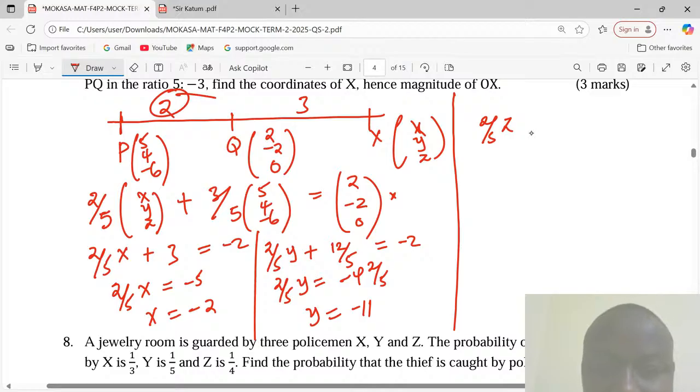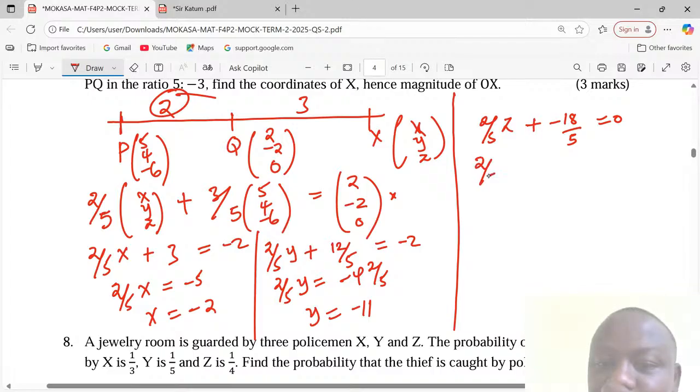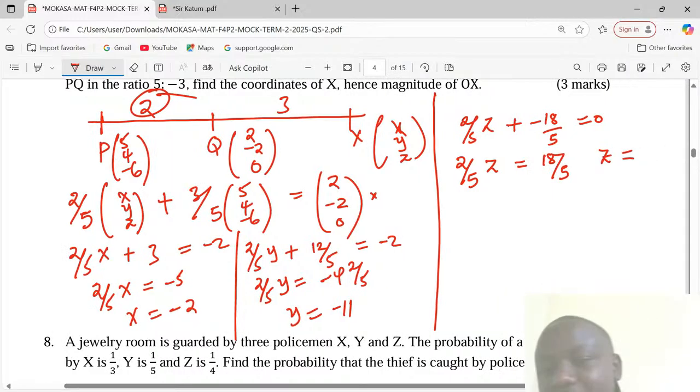Then we add 3 out of 5 by negative 6. That becomes negative 18/5. And this is equal to 0. So 2 out of 5 z equals positive 18/5. So we can get the value of z very quickly. We multiply by 5/2, and this becomes 9.